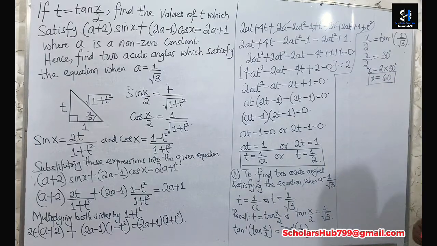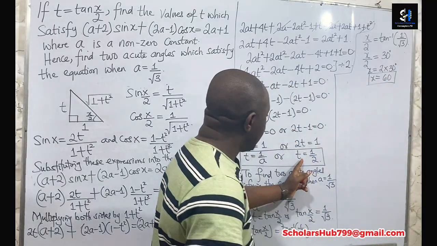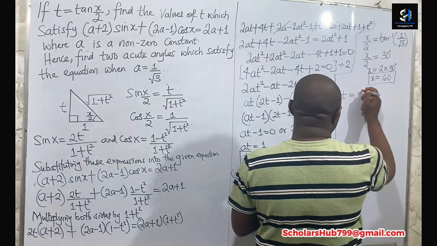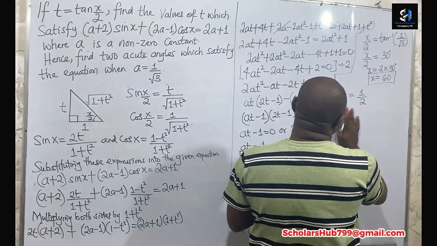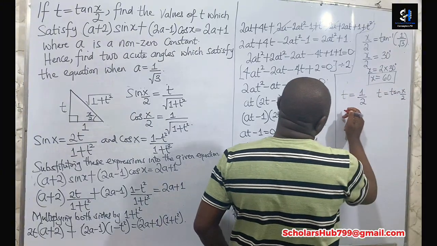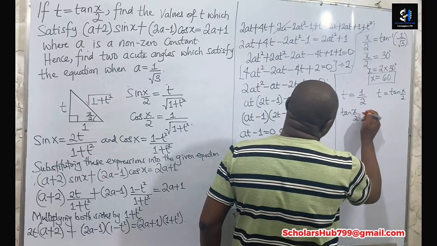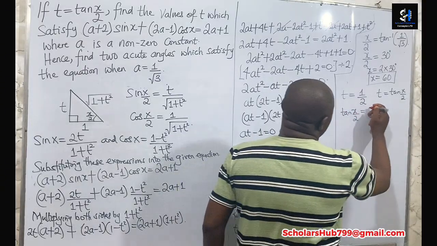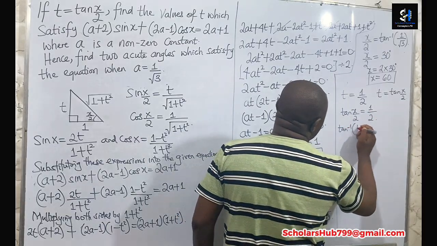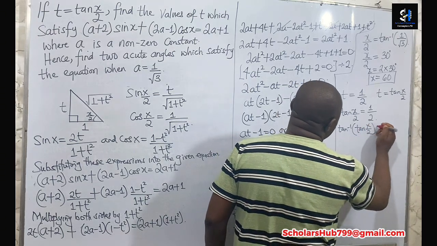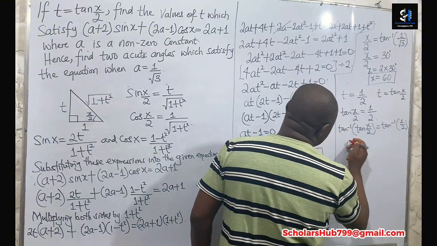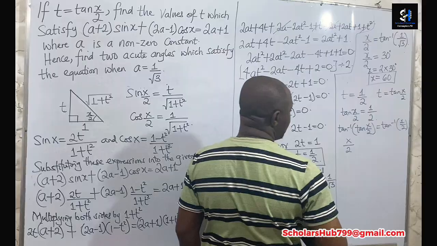So now let's also calculate the second angle. We have t equals 1 over 2, and we know that t equals tan x over 2. So tan x over 2 equals 1 over 2. If I take the inverse tan of both sides, the inverse tan of tan x over 2 will be x over 2.